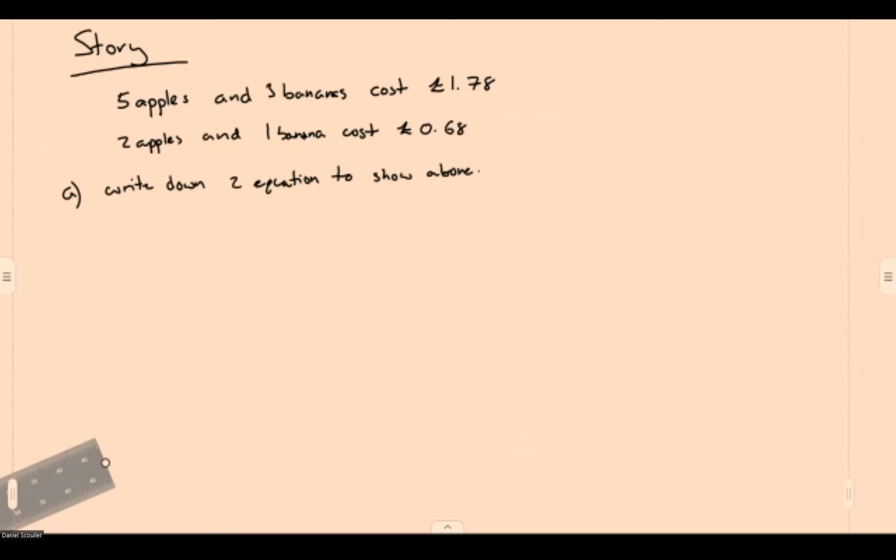Two equations to represent the above. If we've got 5 apples, 5A, plus 3 bananas, 3B, it equals £1.78. That's our first equation. Second equation, 2A plus 1B equals 0.68.